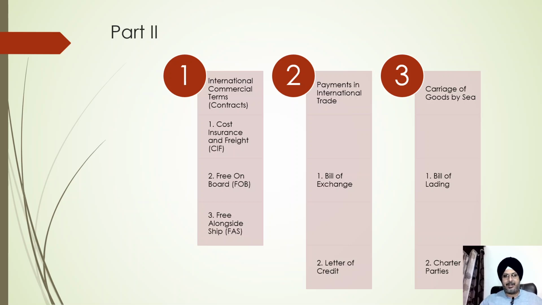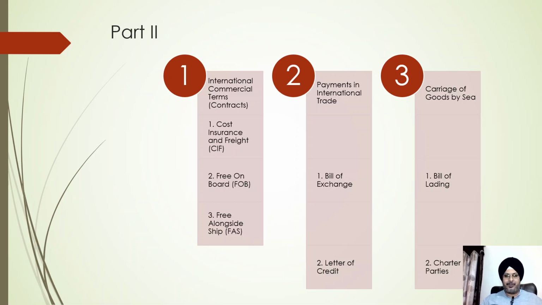Second, very important, is payment in international trade: how the payment is made, meaning what are the secure modes of payment where both seller and buyer can have the assurance that they will be paid if they trade with each other.